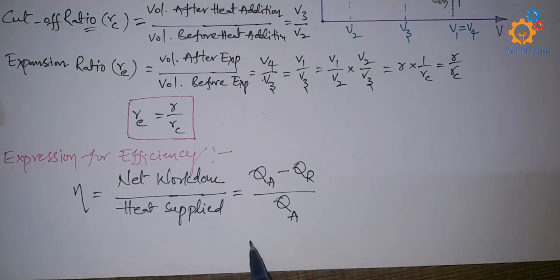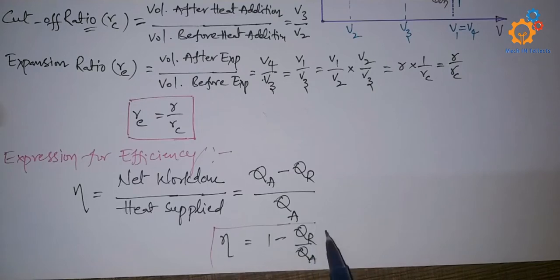And this can be written as 1 minus QR by QA. So this is the efficiency for any heat engine cycle operating in a cycle.